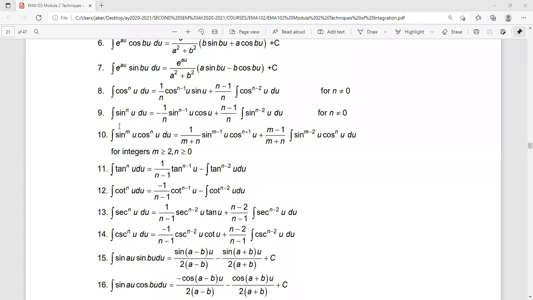So here you can use the formula for the integral of sine u raised to m, cosine of u raised to n du, as long as m is greater than or equal to 2. Meaning you cannot use 1, 0, and negative. And n should be greater than or equal to 0, so you cannot use n which is negative.